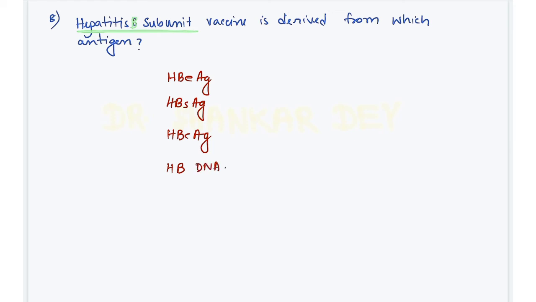Something like that. I forgot the actual fourth option, but these three options were there. But for this question, the answer will be hepatitis B S antigen or surface antigen. So hepatitis B subunit vaccine is derived from surface antigen or HBs antigen.